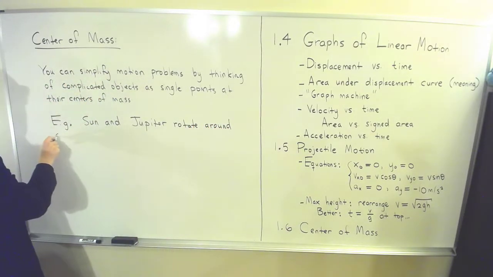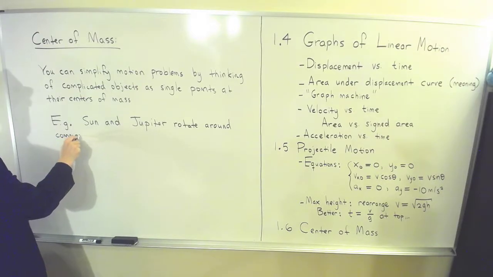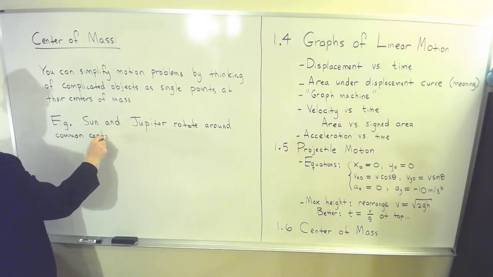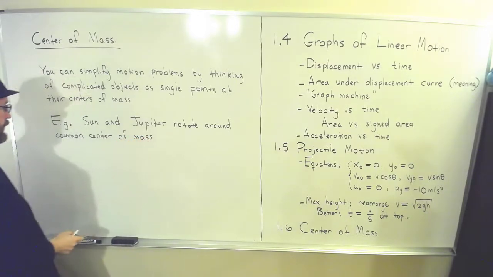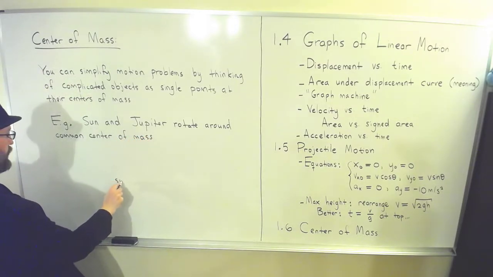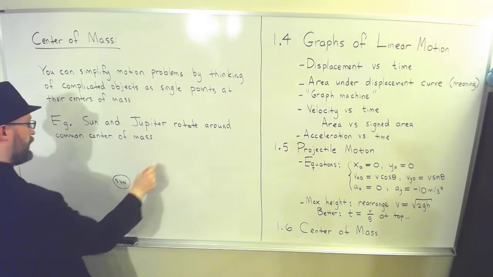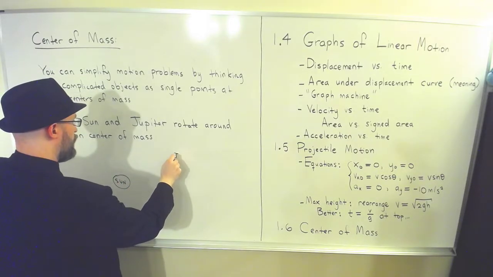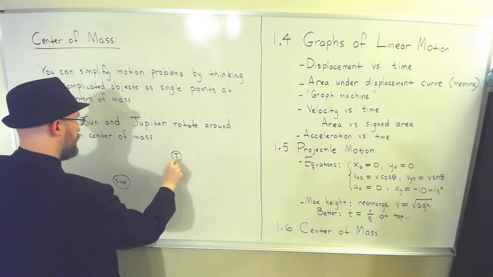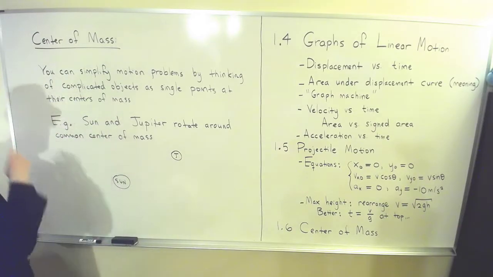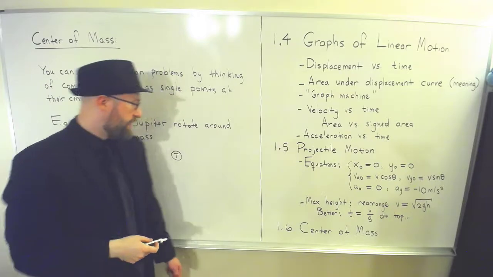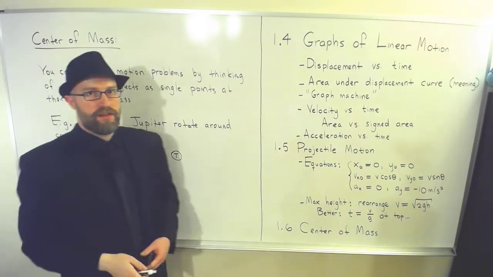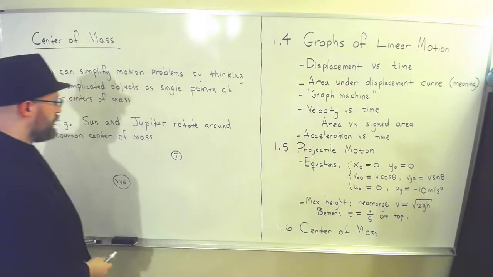And so the way the picture looks here is you have the sun here, and then you have Jupiter over here. Now it turns out the sun is much, much larger than Jupiter, although Jupiter is much, much larger than the Earth. It's like 300 times as large as the Earth.